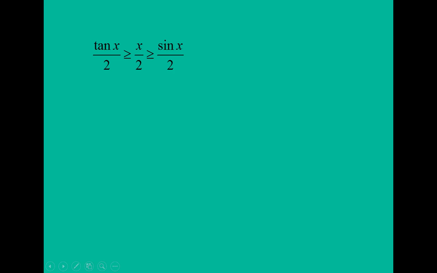So building the inequalities from the areas, we get this inequality. We're going to multiply each term by 2 divided by the sine of x.